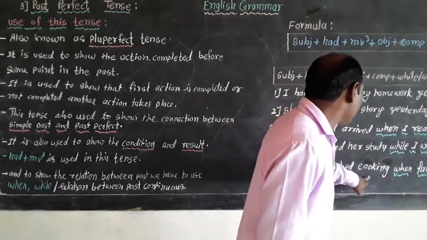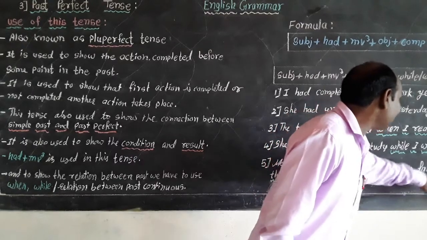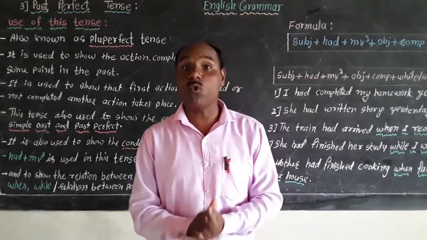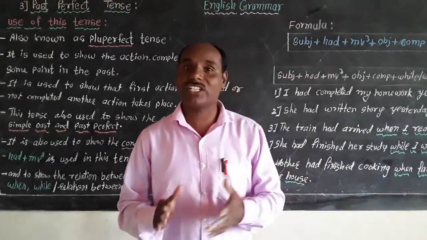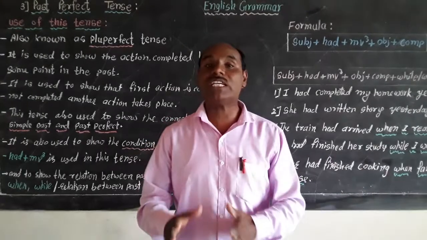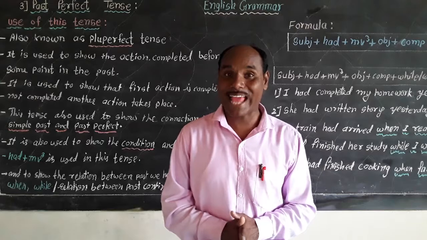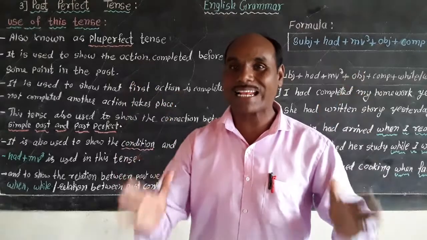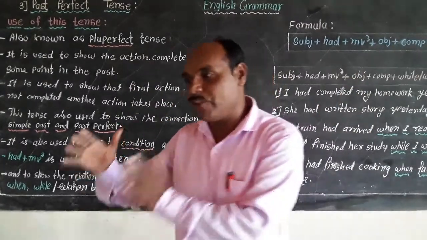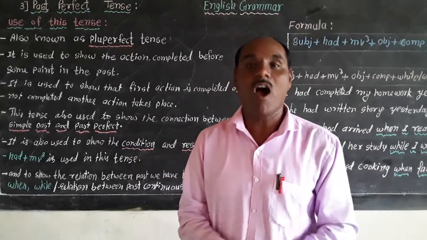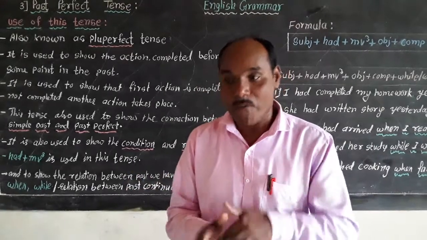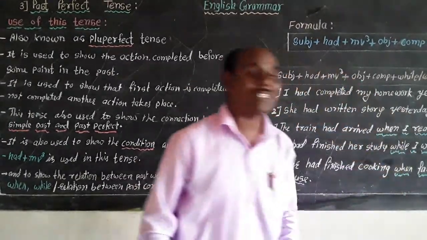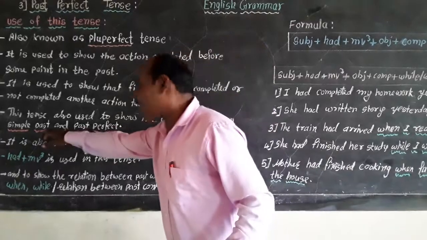Mother had finished cooking when father entered the house. Mother had finished cooking. That means the past perfect is over; the work of mother had been completed a few minutes or moments before some certain point. Father entered the house belongs to the simple past tense.